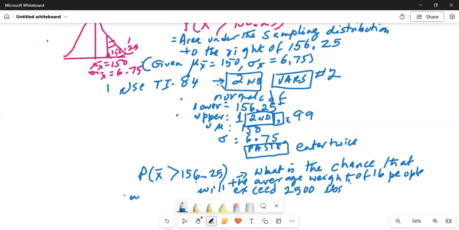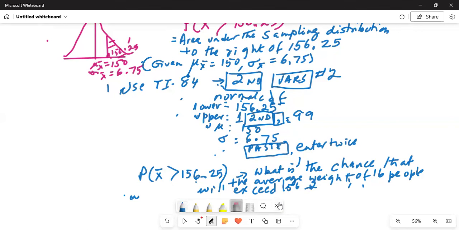This is the total weight. Average weight, let me clarify that. I'm dealing with average weight. That means I should erase this. Average weight will exceed 156.25 pounds.